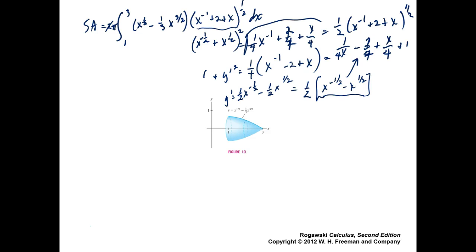So rewrite this as pi times the integral from 1 to 3 of x to the 1/2 minus 1/3 x to the 3/2 times x to the minus 1/2 plus x to the 1/2.